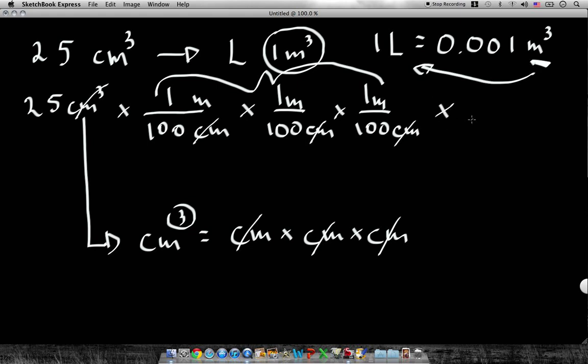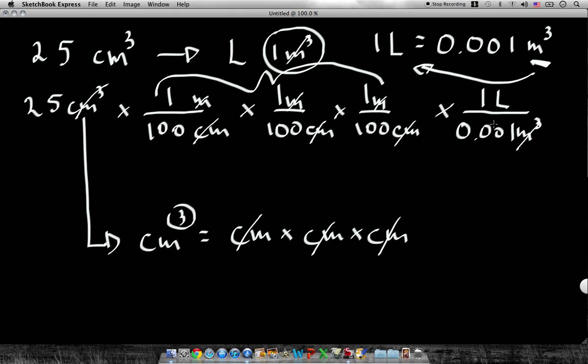So I'm going to use my final conversion. I don't want to have meters cubed on top, so I'll put it right here at the bottom, and I know that this is 0.001. This will cancel this entire result, so 1, 2, 3, and this will give me liters on top.